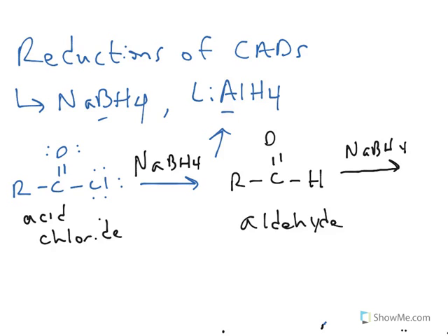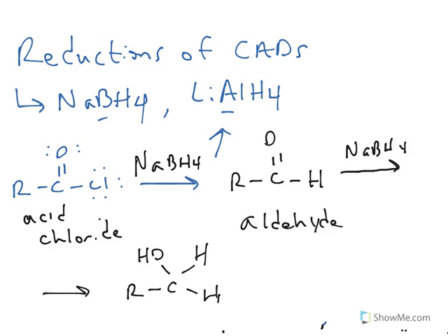So we're going to get further reduction to the alcohol. So if you have an acid chloride and you treat it with sodium borohydride, that takes it all the way down to the alcohol. So how can we stop at the aldehyde stage? Well, we'll talk a little bit about that shortly.